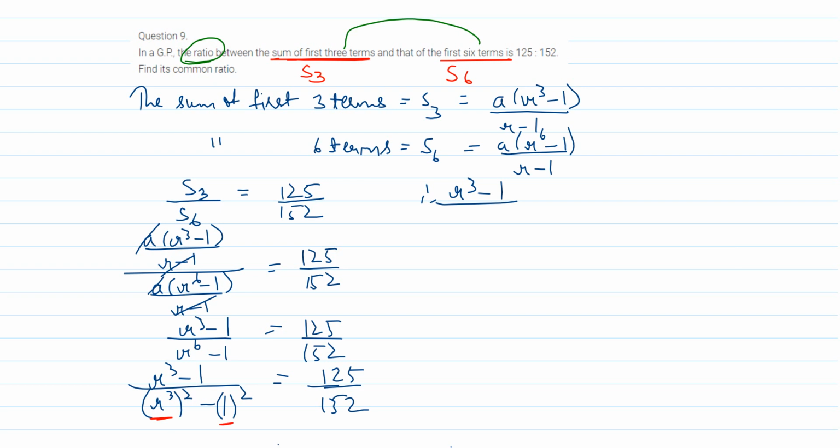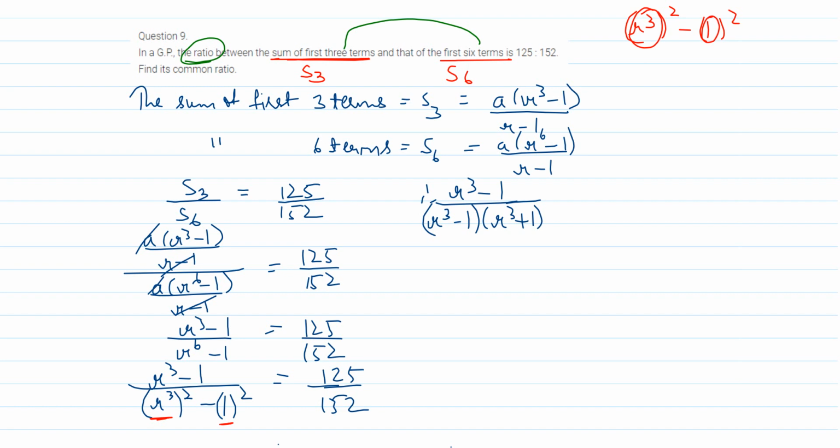So can I write that this is a minus b and a plus b? I again repeat, students, r cube the whole square minus 1 square. This whole becomes my a and this becomes my b, so it will be a plus b and a minus b.